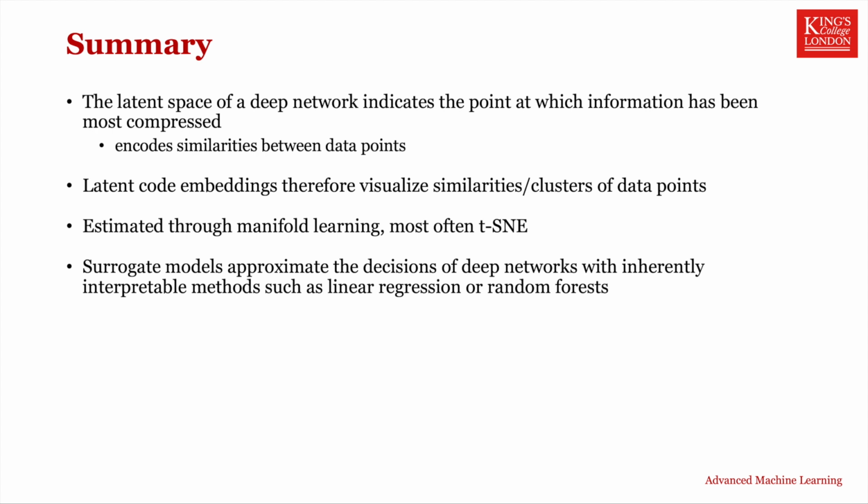On the other hand, surrogate models are instead working to try and understand how deep networks are making their decisions by building approximations local to some specific data point using inherently interpretable methods such as linear regression or random forests. The goal of this is to approximate not just the features which are important, but also how they combine to make a final decision.